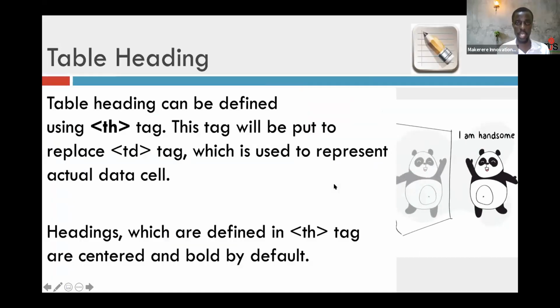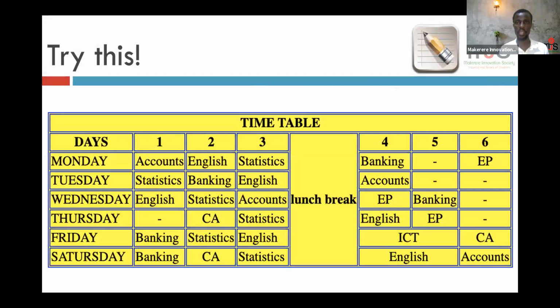Now I'm going to take you into breakout rooms, and you're going to be required to come up with this table within 5 minutes. I don't expect everyone to come up with exactly this, but I've already showed you how to create the tables, how to change the color, how to change the background of the table alone, or of the cells alone.